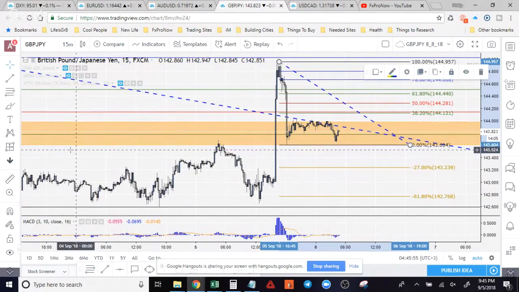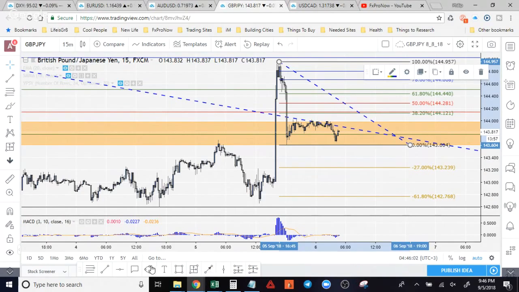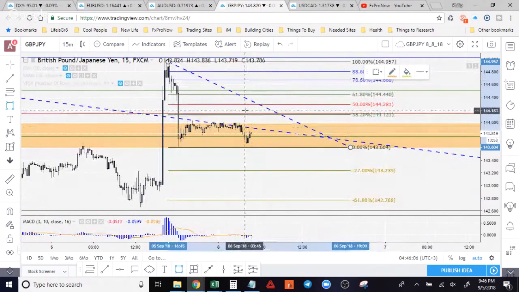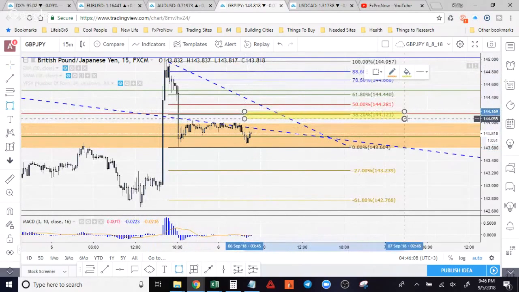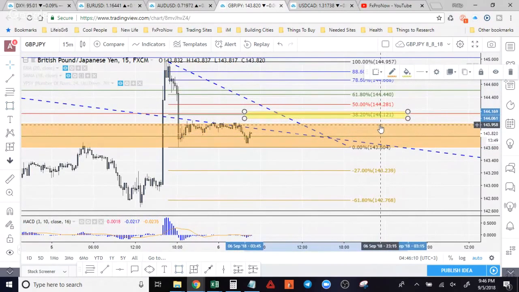Literally, I'm telling you what to do. Okay, so right here. I would want this to retrace just a little further, probably to this area right here. Remember 144.121.